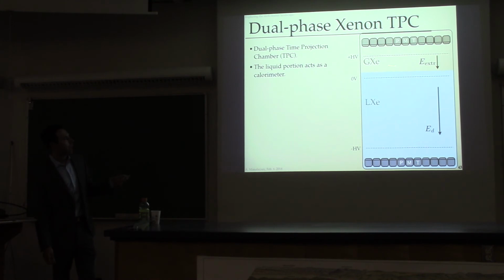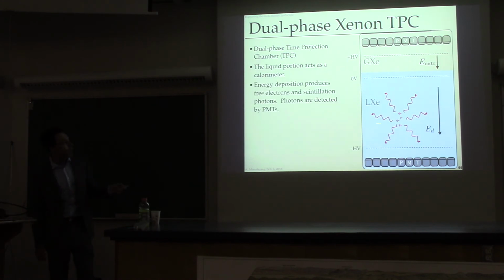You also have some gas xenon in there. Because there's both gas and liquid, we call it a dual phase TPC, which means time projection chamber, and that'll make sense in a minute. So a particle would come in and deposit energy. That liberates some electrons and produces some scintillation photons as electrons fall back down at the interaction site.